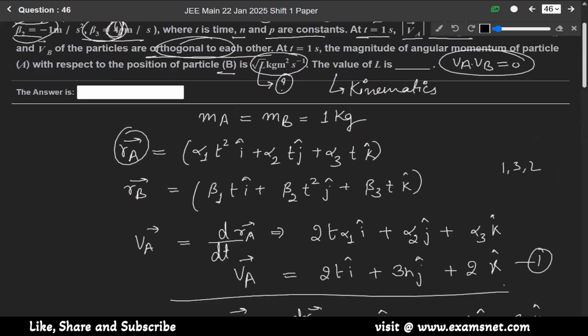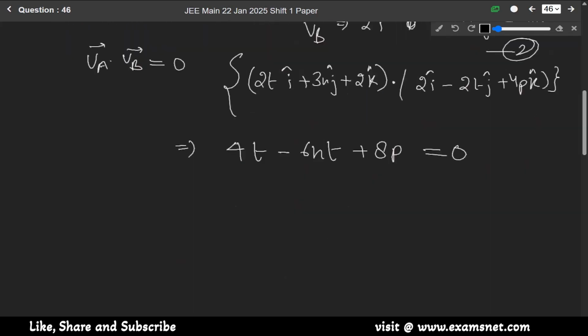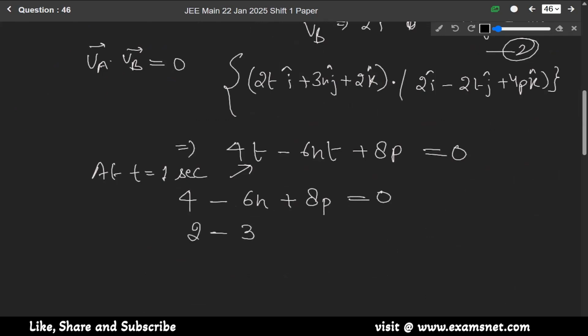And according to the question, at t equals 1 second, it will be 4 minus 6n plus 8p is equal to 0. Or we can write it as 2 minus 3n plus 4p is equal to 0. Let us say this is equation number 3.